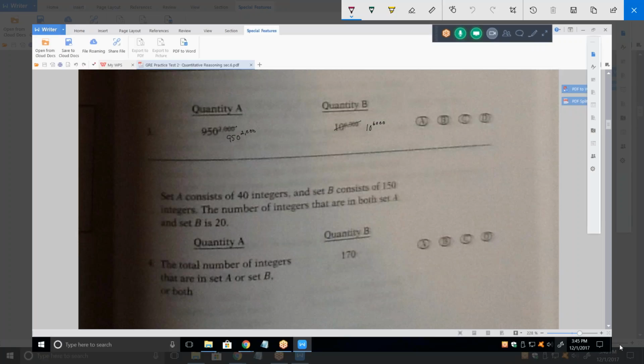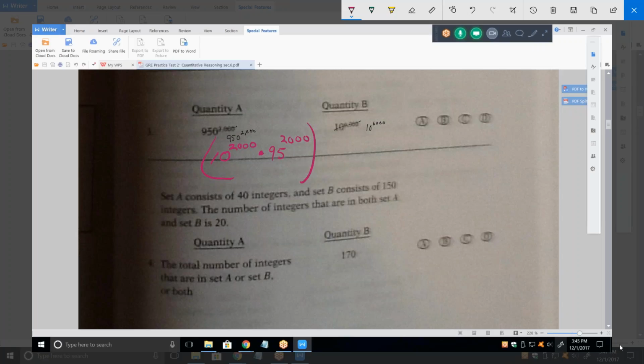So, what if we did this? 10 to the 2,000th times 95 to the 2,000th. That's a true statement. You see why?